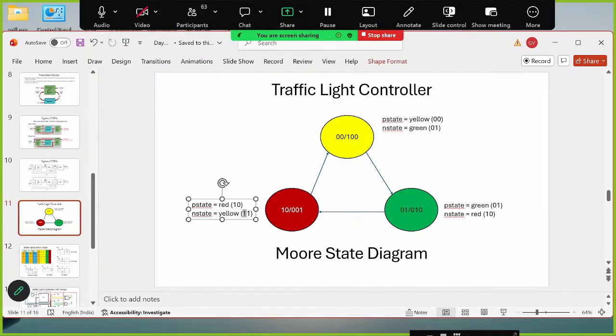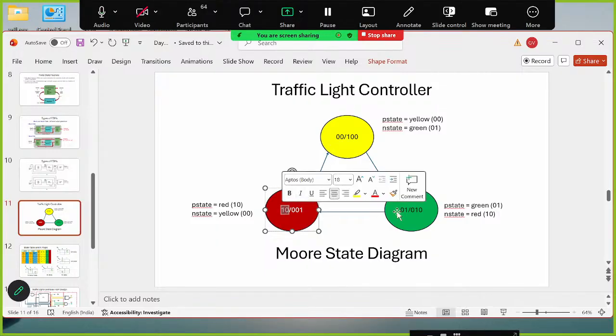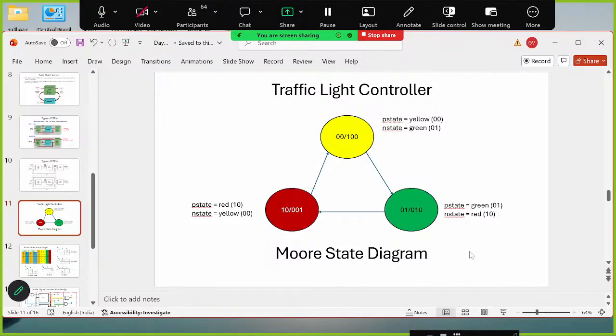So 00, 01, and 10 are the state numbers for yellow, green, and red. Then there is a slash division, and at the downside it represents the outputs: what should be the output at this present state, what should be the output at this state, and what should be the output at this state.